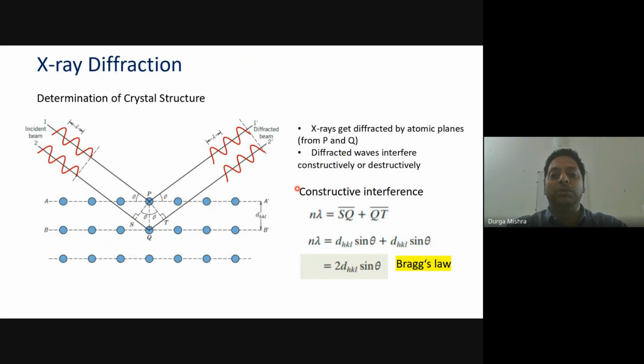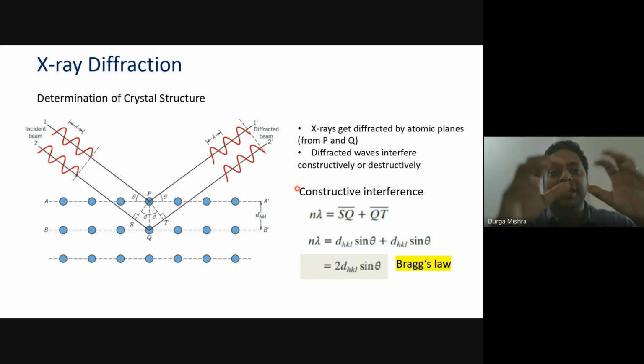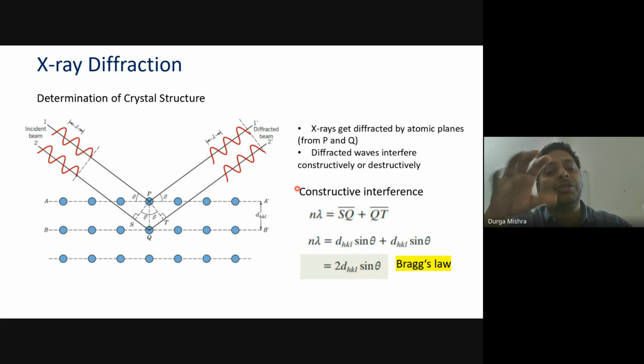Okay, so we have these different forms of crystal: single crystal, polycrystal, or amorphous. So what is the process, how can we find it out? Okay, so that we know that yes, there is some periodic arrangement of atoms. The best tool that we have is called X-ray diffraction.